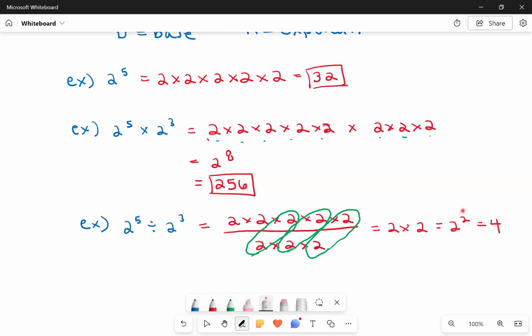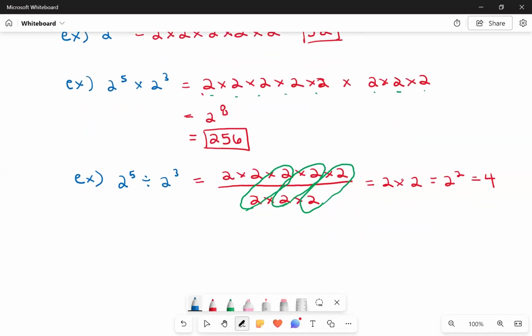Okay, so what I'm hoping you see is the exponent property or the laws of exponents that they list out. And that's that if you have the same base and you do multiplications or divisions with things that have the same base, you can actually shortcut those multiplications and divisions, okay?